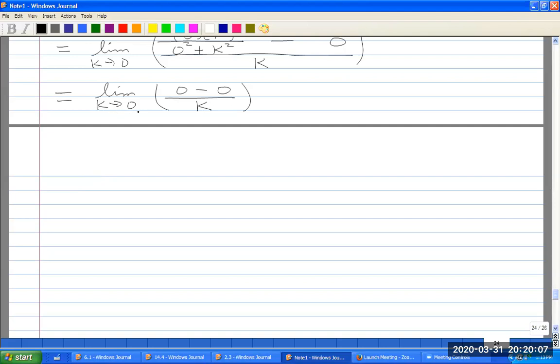The limit as k goes to 0 of a constant is just the constant. And so both the partial derivatives of f with respect to x and y exist at the origin, and are equal to 0, actually. So now let's see if this function is differentiable.